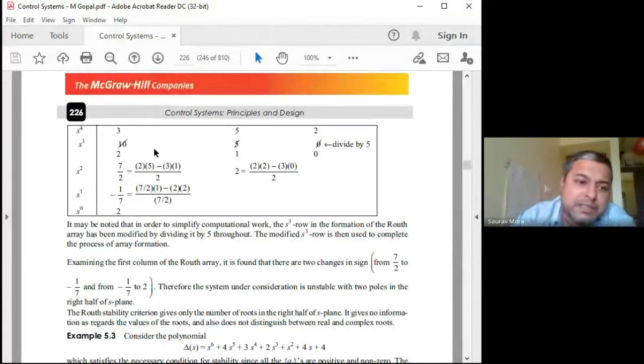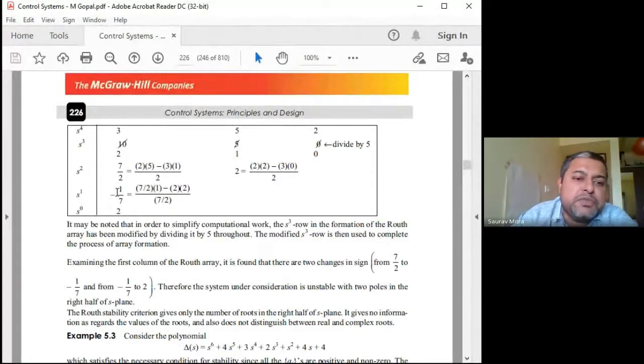Now find the s^1 coefficient from s^2 and s^3. What will it be? 7 by 2 multiplied by 1 minus 2 into 2, divided by 7 by 2.